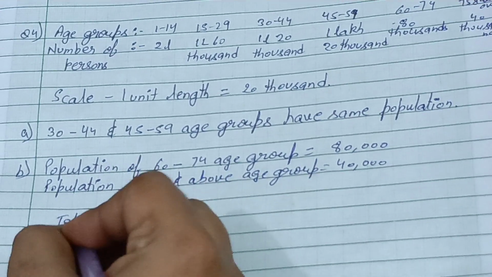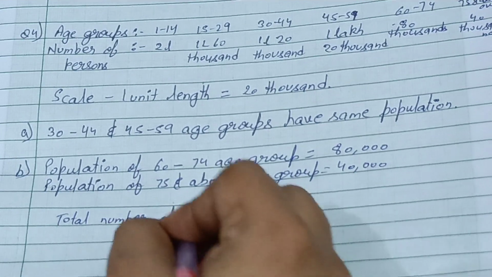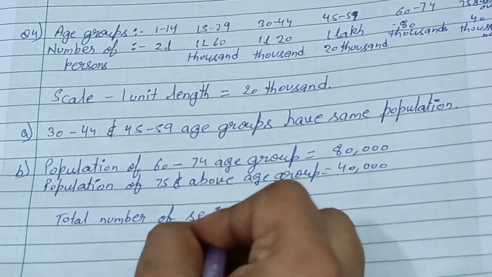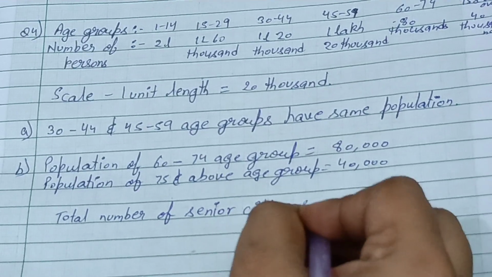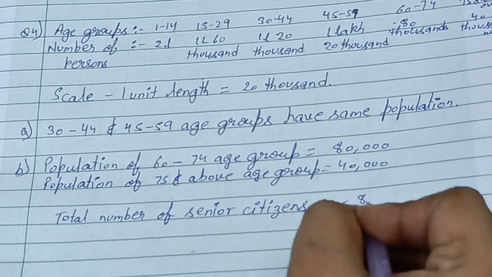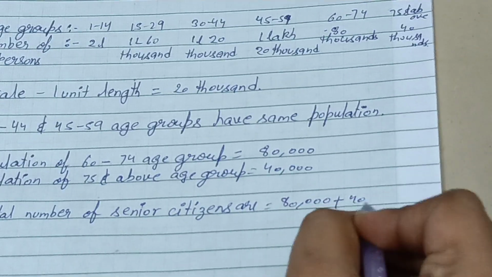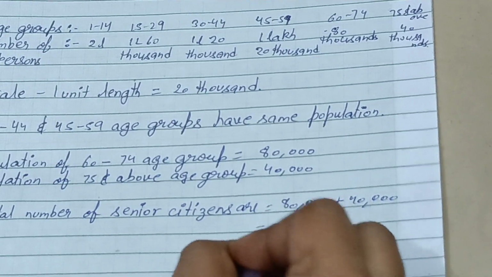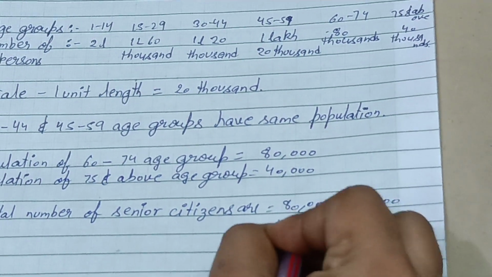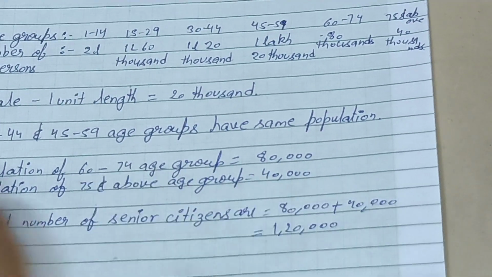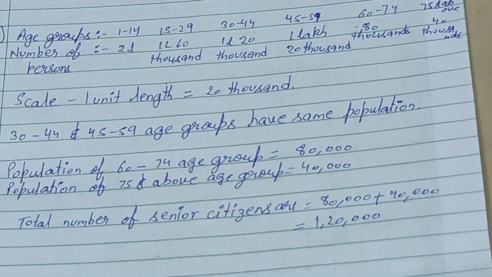So total number of senior citizens are 80,000 plus 40,000. And when you will add them, it will come 1,20,000. So total number of senior citizens are 1,20,000.